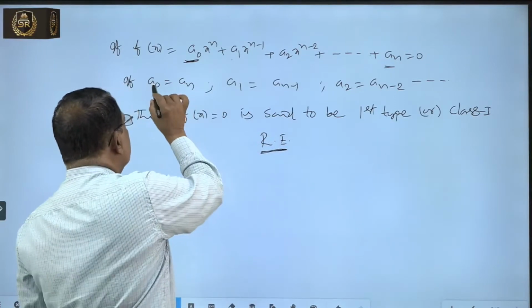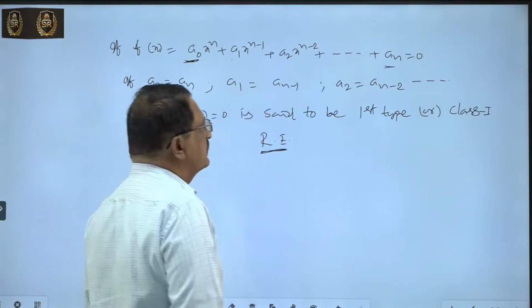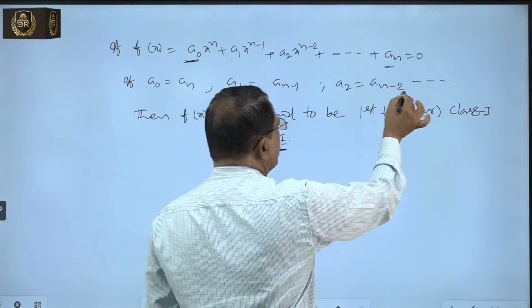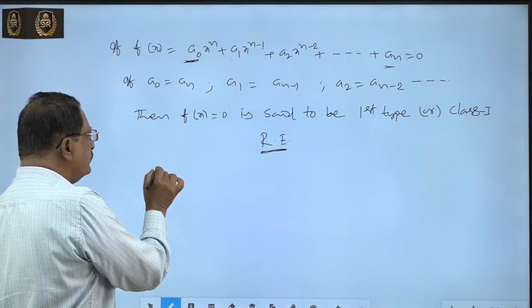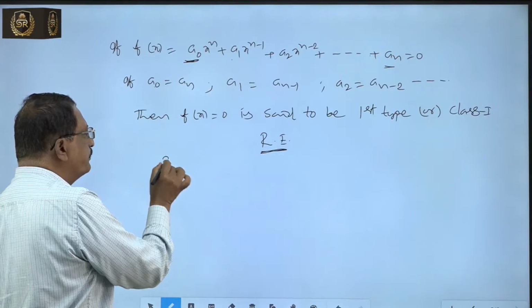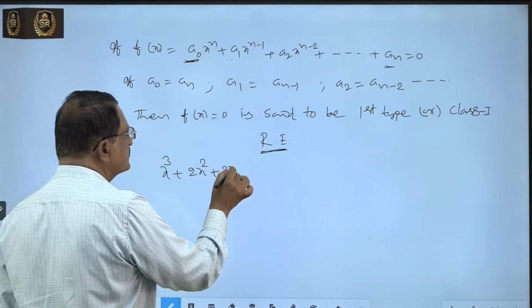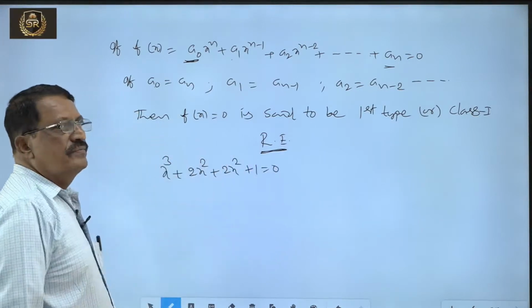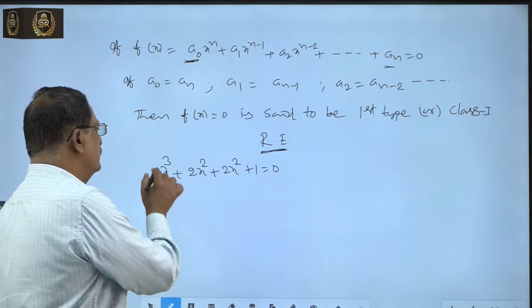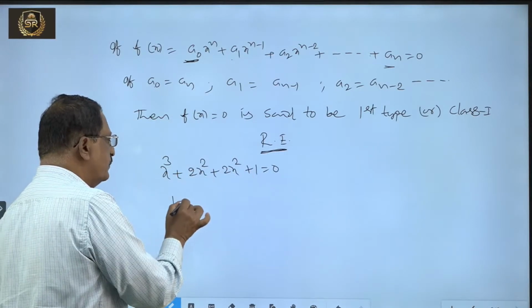Here a naught equals an, a1 equals an minus 1, a2 equals an minus 2, and so on. For example, x cube plus 2x square plus 2x plus 1 equals 0. It is a first type reciprocal equation because the coefficient of x cube is 1 and the constant term is 1.